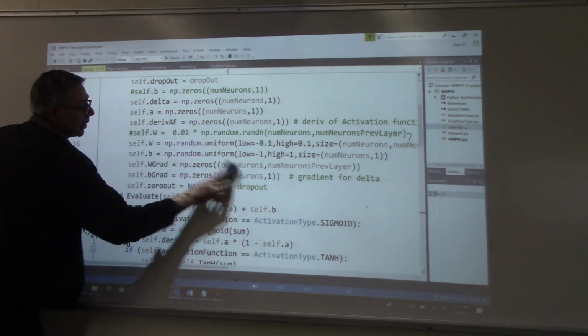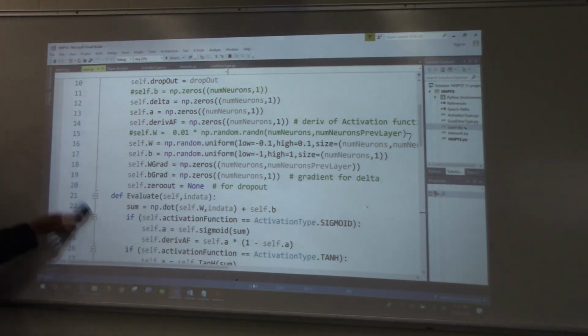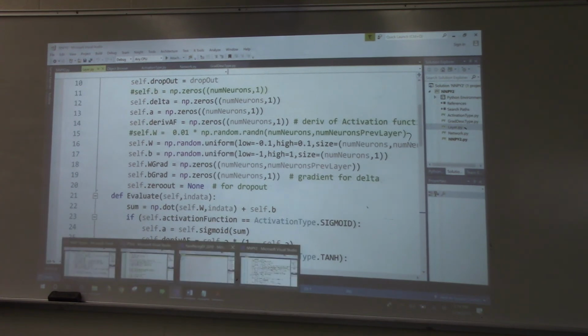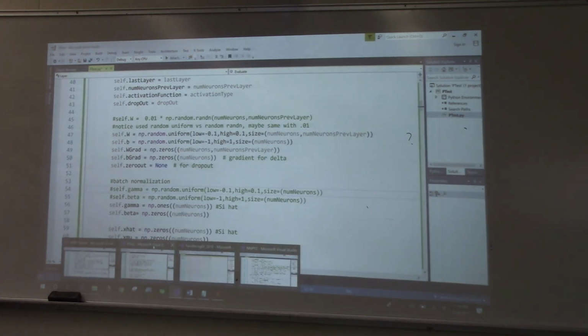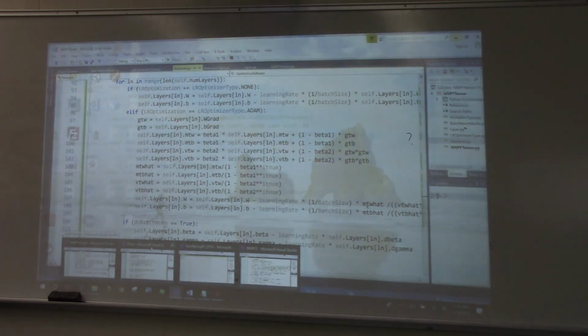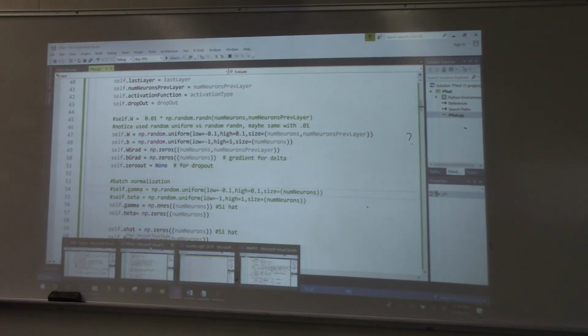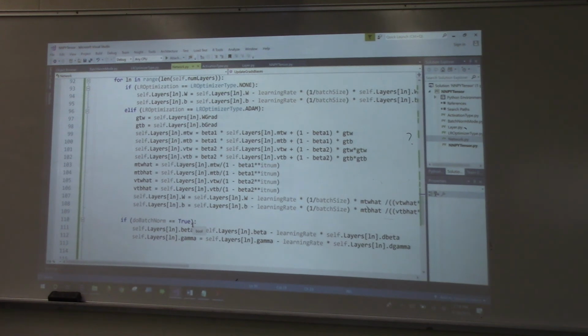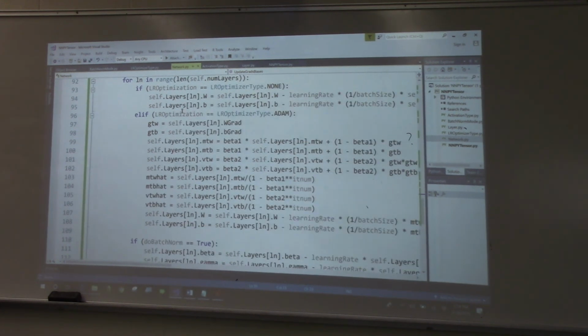Okay, so this was the original code. Let me show you the modified code, which I'll provide to you. So basically, this is a separate project I created so that we don't disturb our old code. So you can do that, just import all the classes into the new project, right?